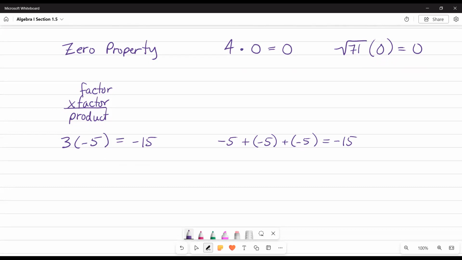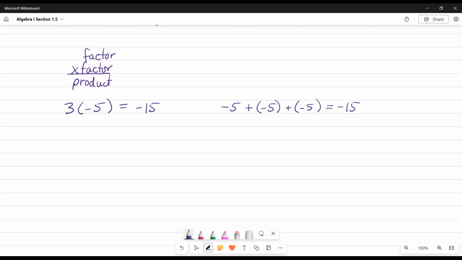So what happens if both factors are negative? It's positive. So let's do 3 times negative 5. That gives us our negative 15, right? And we know that 2 times negative 5 gives us negative 10. 1 times negative 5 gives us negative 5.